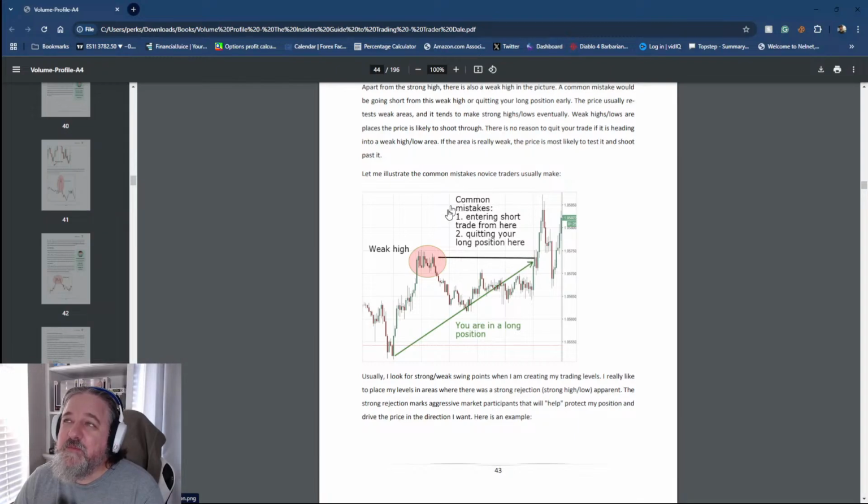So he's saying common mistakes: trying to take a short at a weak high or take puts. Most likely price is going to break through this and make a new higher high, or closing your long position here, since there's a very high probability that price is going to break through this and make a new higher high.